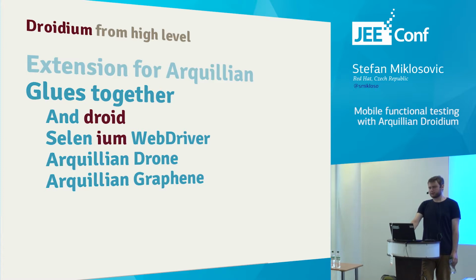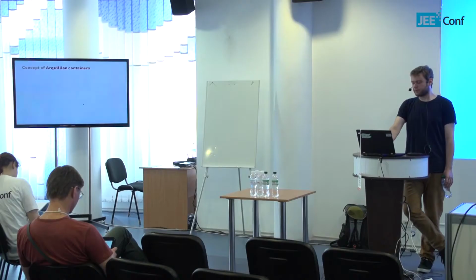Arquillian Droidium glues together the Android platform. It doesn't deal with iOS. It's only targeted at Android, but there is also some trying to integrate iOS as well. It uses Selenium WebDriver, Graphene, and Drone together.